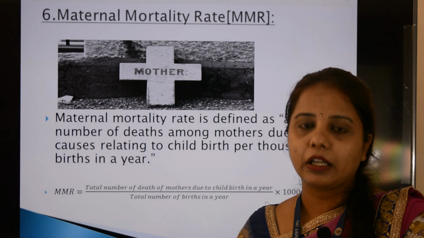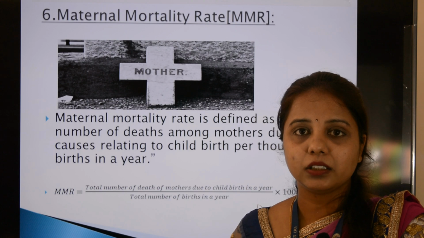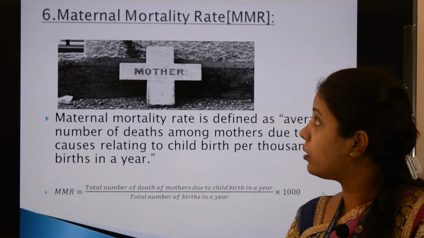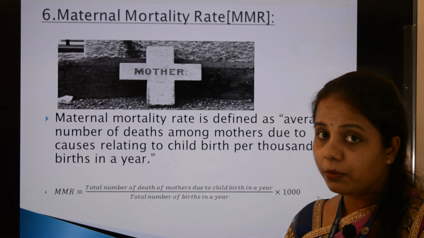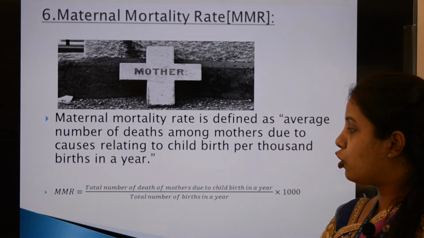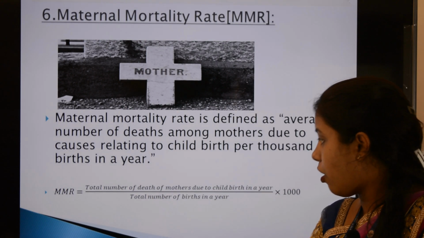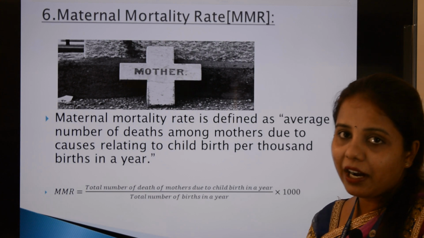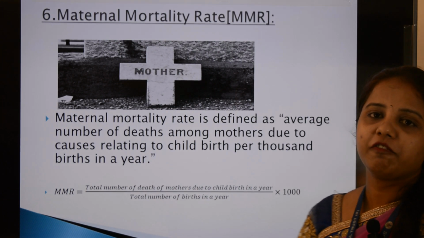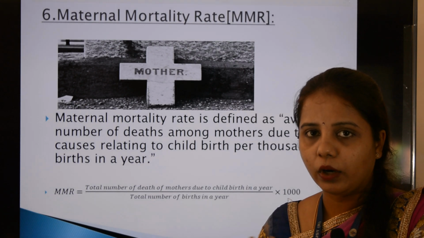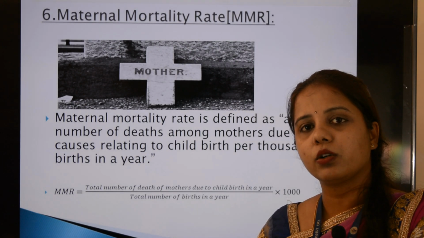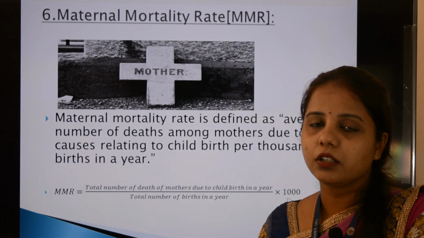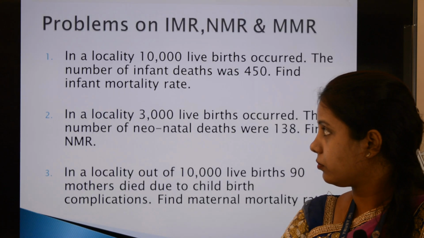Like for every 1000 births, how many mothers die due to birth reasons. So that is known as MMR. The formula of MMR is total number of deaths of mothers due to childbirth in a year divided by total number of births in a year into 1000. So here we need total births and also total deaths of mothers due to childbirth.